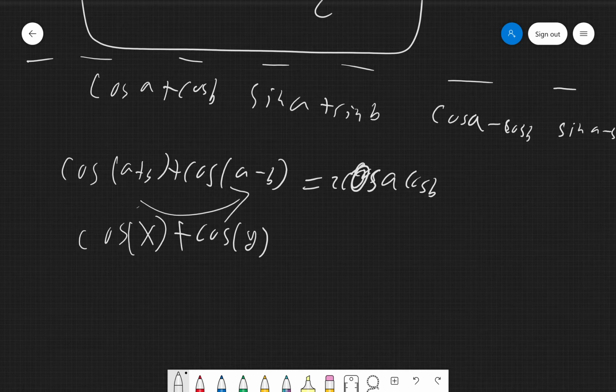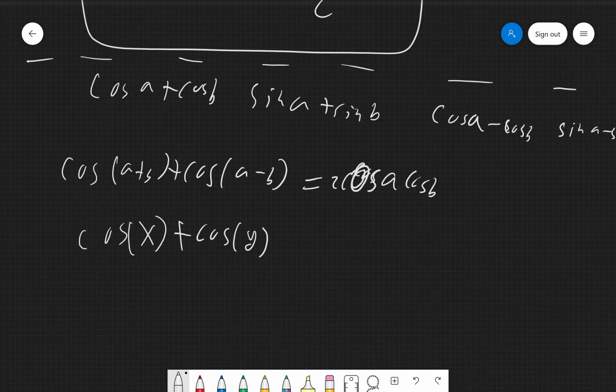Now, I did this because these aren't uniquely connected in any way. You can find some numbers that add to X and those two numbers subtract to Y, and X and Y are not really related. I mean, you could say that X is equal to Y plus 2B, but B can be anything.